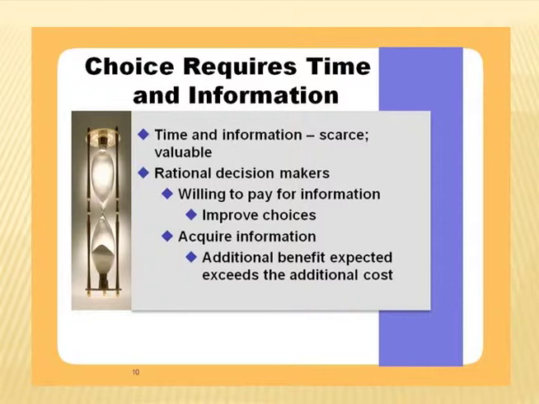In order to make your decision, you're willing actually to pay for information to a certain point because it improves your choices. But you will only acquire information to the point where the additional benefit exceeds the additional cost. And so the fact that the internet lowers that cost means that we're much more rational decision makers.